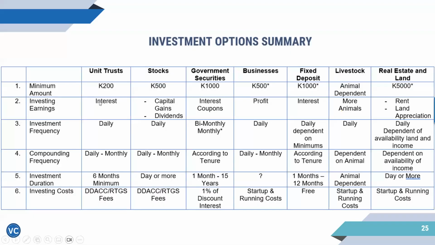Investing. Investment options summary. So from those 7, after you've organized your financial folder, you've created your digital PDFs, the next thing is to open up investment accounts. And as of this week, I am happy to announce that government securities now have an online platform which you can use directly to invest.